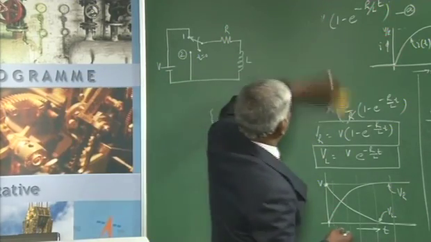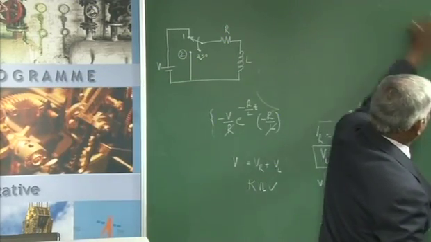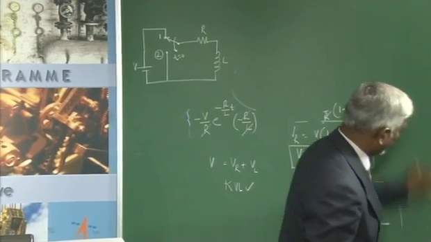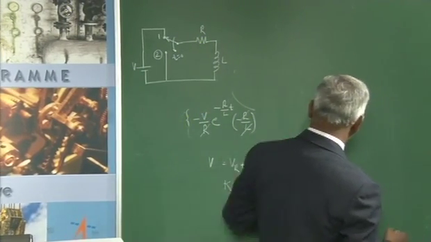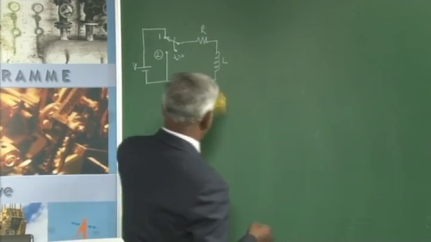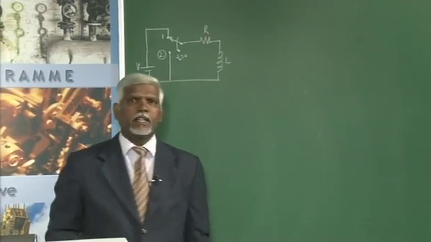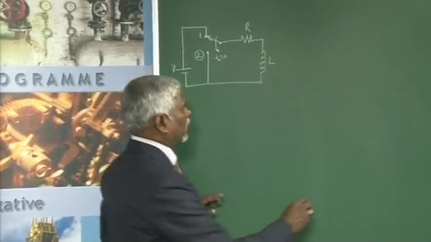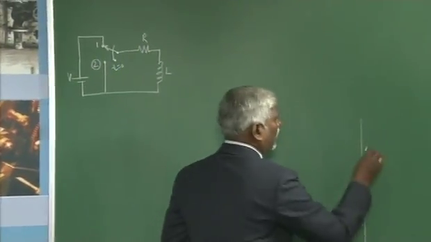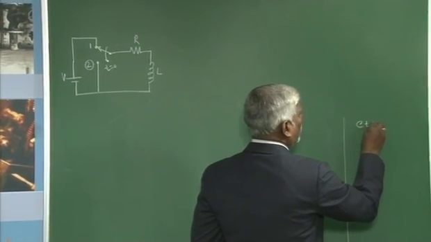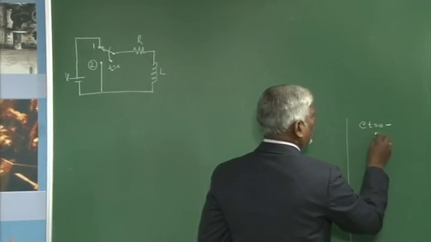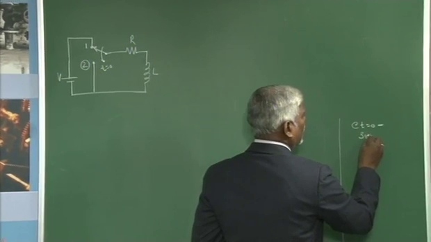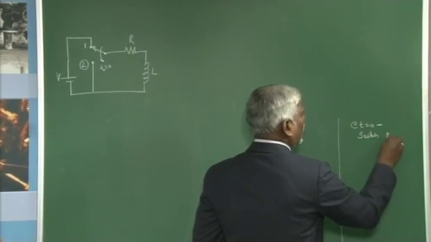So, in a different problem, the RL circuit, we will see what will be the expression for current in this case. As usual, write the integro-differential equation after switching for a general network. That means we will have some initial conditions at t equal to 0 minus, with the switch at position 1.